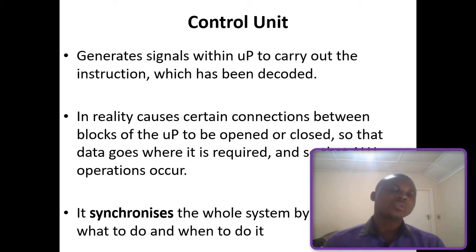In reality, it causes certain connections between blocks of the microprocessor to be opened or closed, so that data goes where it is required, and so that the ALU operations occur. So it synchronizes the whole system by telling devices what to do and when to do it. It's like it will be controlling the components of the computer.